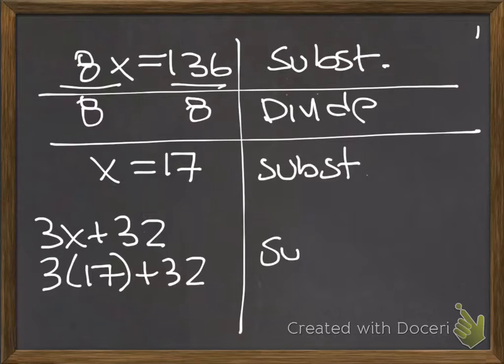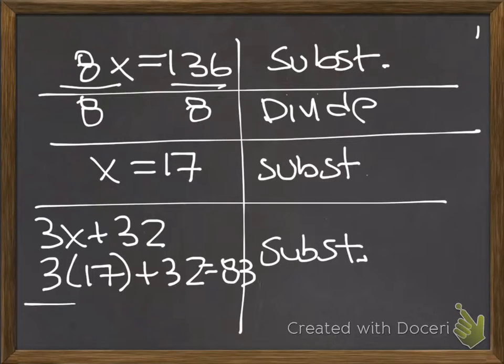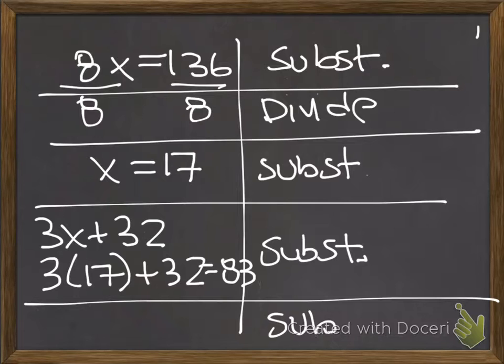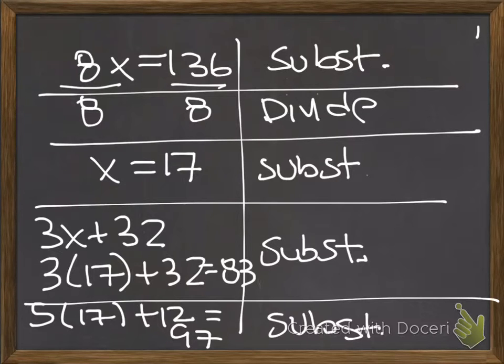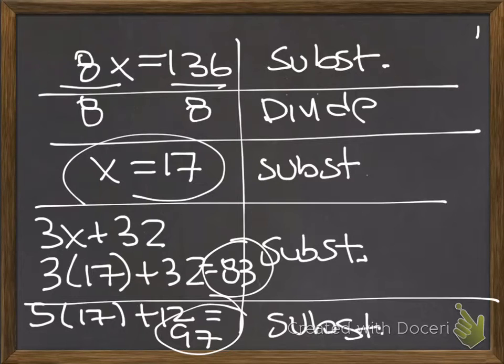So that's also substitution. And that's going to give you 83. And then you substitute again for the other angle. So you have all three values, and you've done a proof.